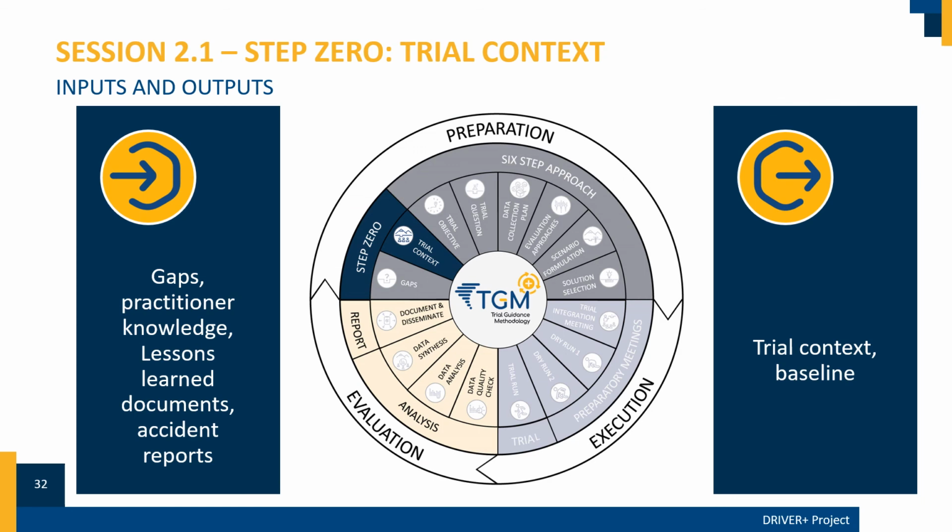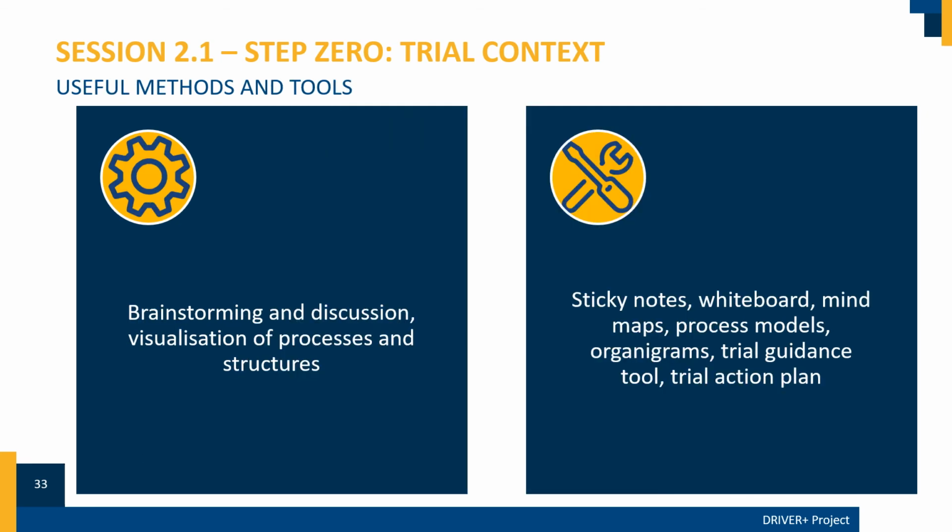In the trial context part of Step 0, your inputs are the identified gaps, practitioner knowledge, lessons learned documents, and accident reports. It should result in a trial context and a baseline. As methods, you can use brainstorming and discussion, as well as visualization of processes and structures. See session 5.4.